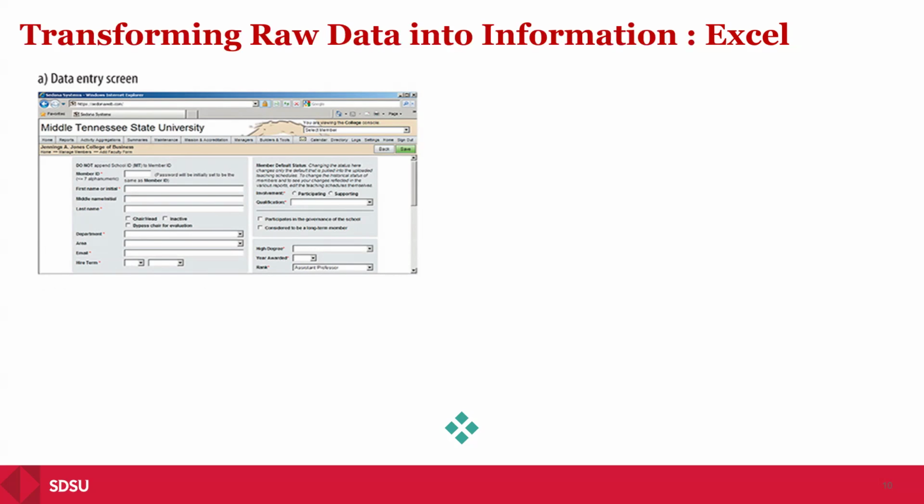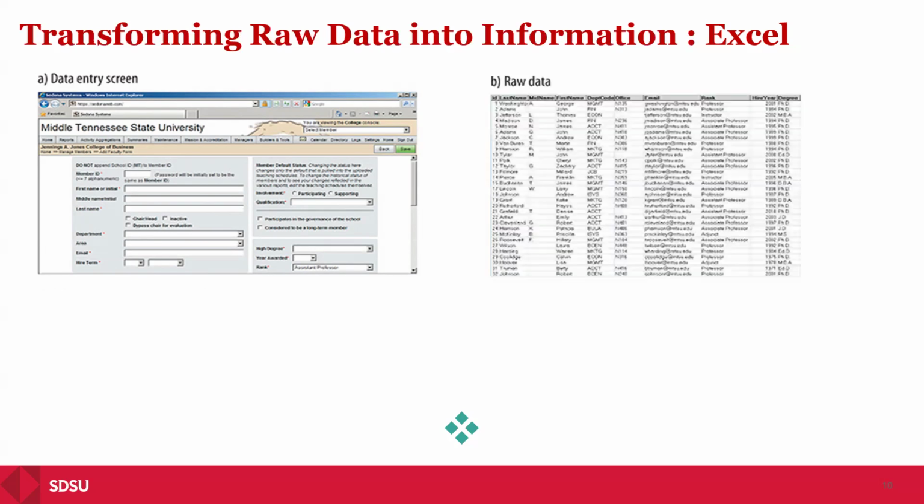We enter every piece of information, and that's data. A combination of this raw data will be entered into the database table. Here's a database table that has all the Middle Tennessee State University students. It also has some grades, some email addresses, and stuff like this. You can't clearly see it, but you get an idea.